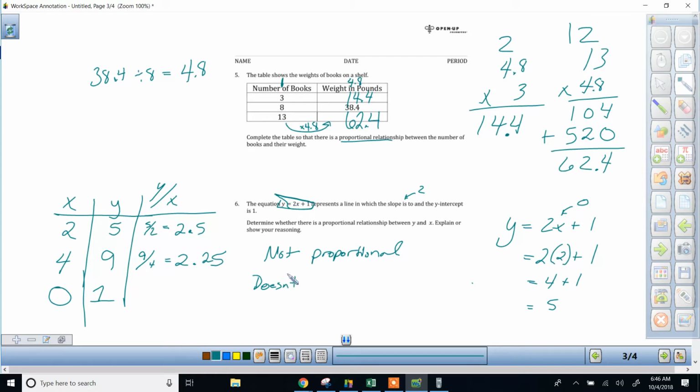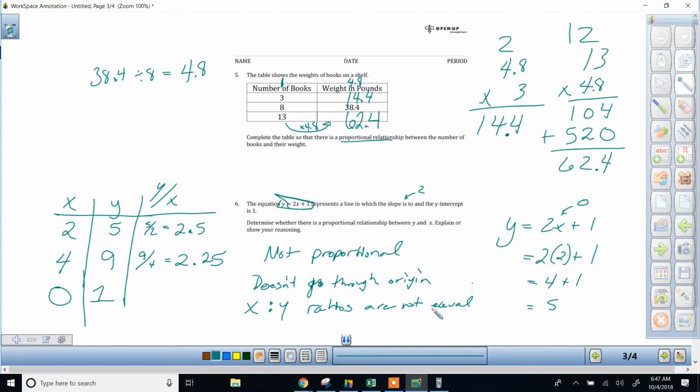Now, another reason why it's not proportional is because all of its xy pairs are not equivalent. Okay, so you could say that the x to y ratios are not equal.